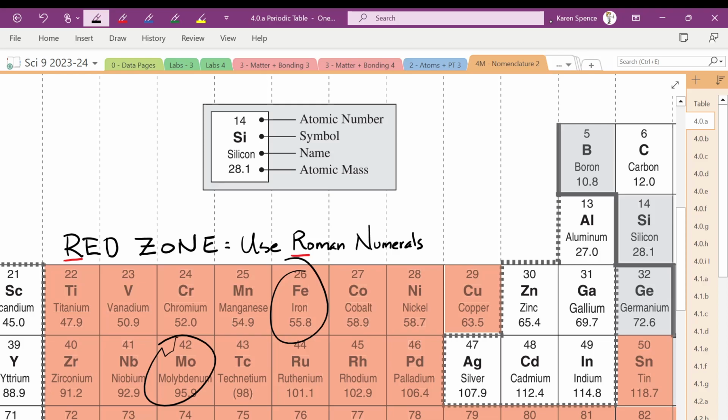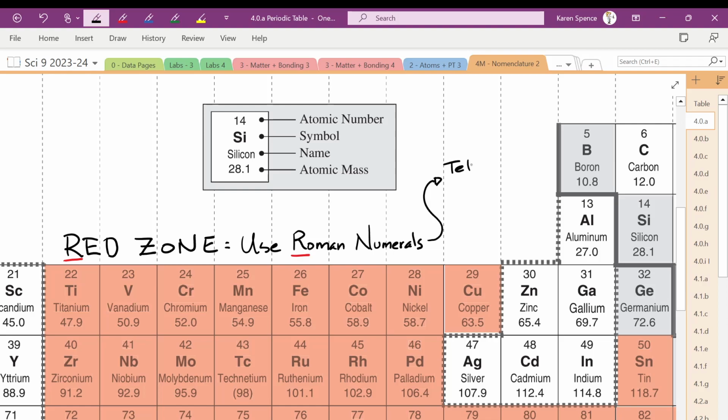Okay, so the red zone uses Roman numerals. If we don't know the charge for iron, we're going to use a Roman numeral to tell us what the charge is. We'll use a Roman numeral 2 if the charge is 2. We'll use a Roman numeral 3 if the charge is 3, okay? So the Roman numeral, what does it do?